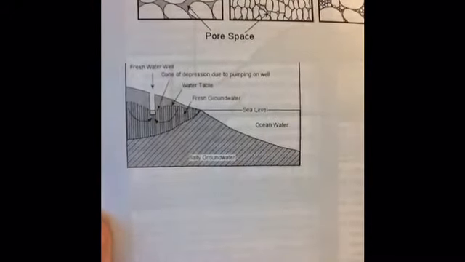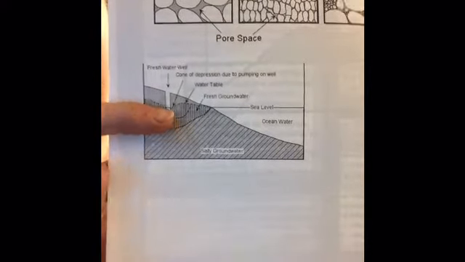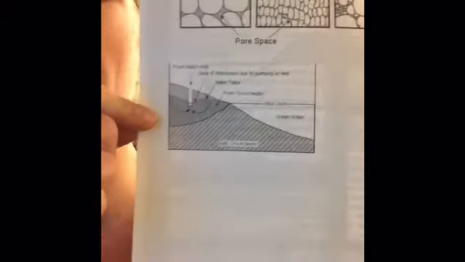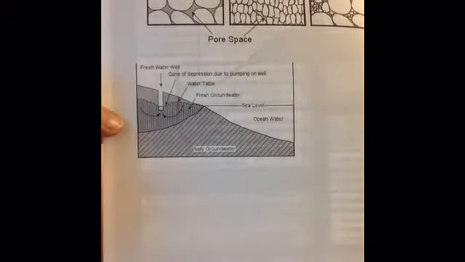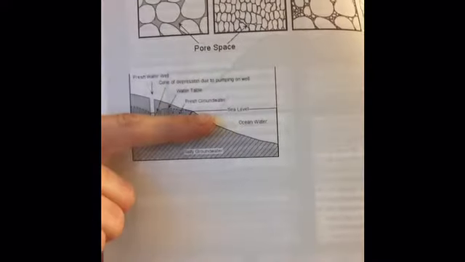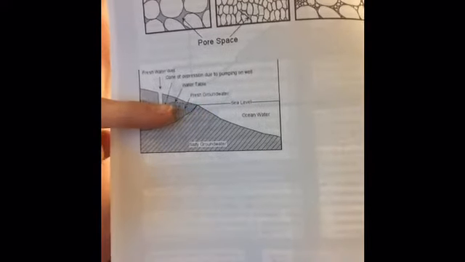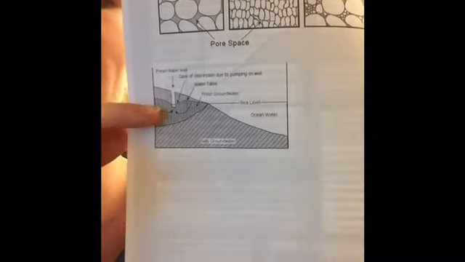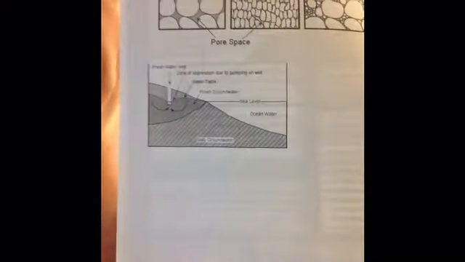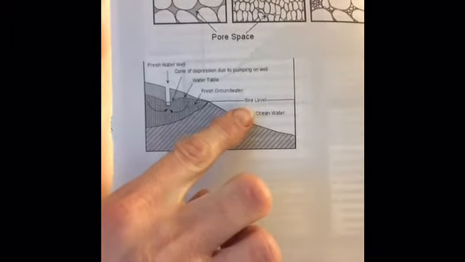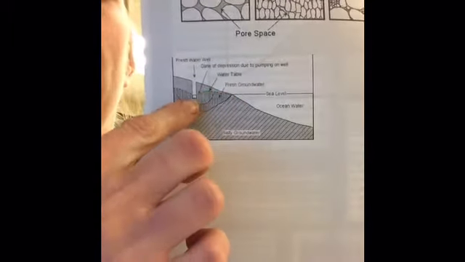You have a freshwater well and this cone of depression. Basically what it did is the well is sucking so hard trying to get water out of the ground. All right, sea level is right here. And that water really does just not want to come above sea level. It's not comfortable. It messes with the atmospheric pressure. The water over here should be equal to the height of the water over here.